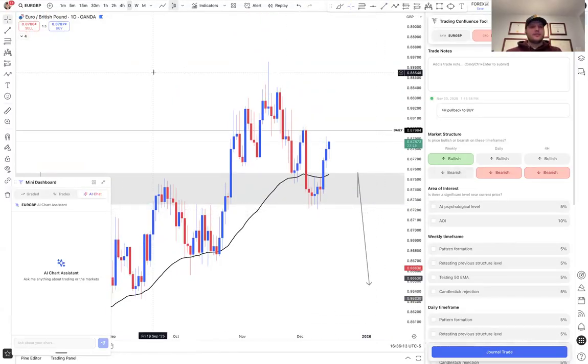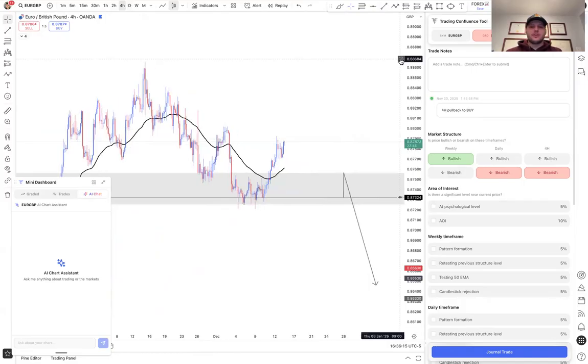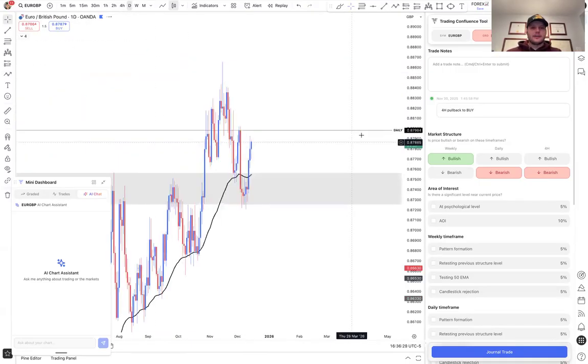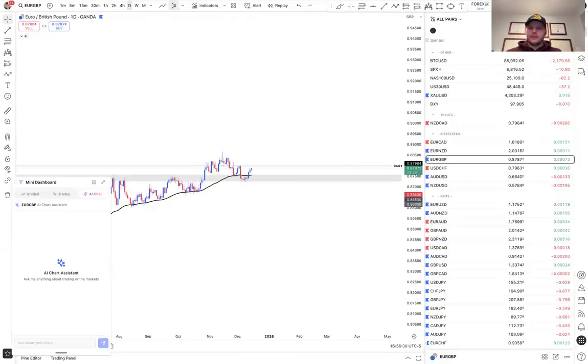It doesn't make sense to re-enter or force a trade unless you want to wait for another pullback into the previous structure. If price pushes up, pull back, and then buy. As of right now, I'm just going to stay away from it and let price do its thing. So Euro GBP, no longer interested.